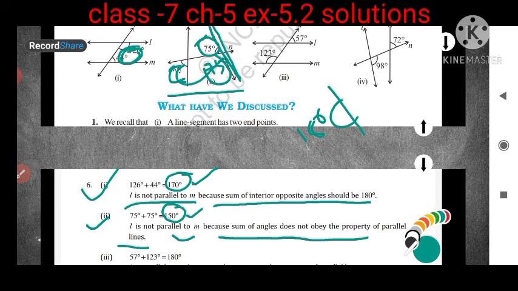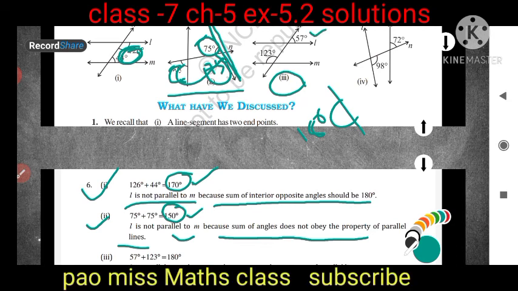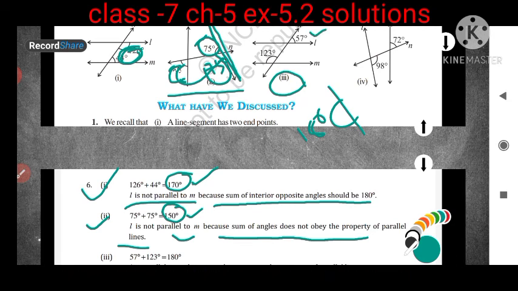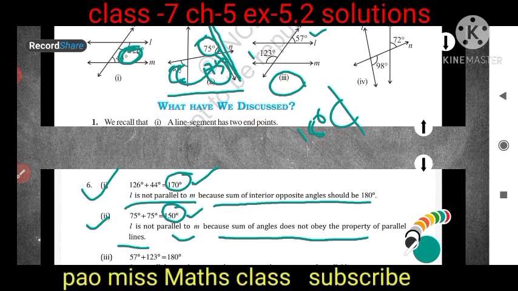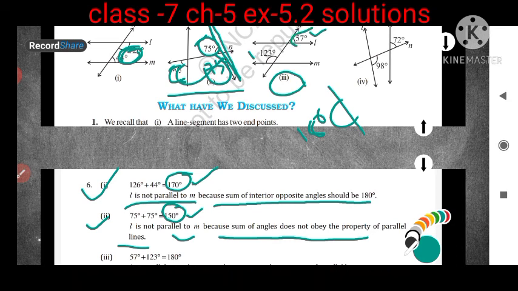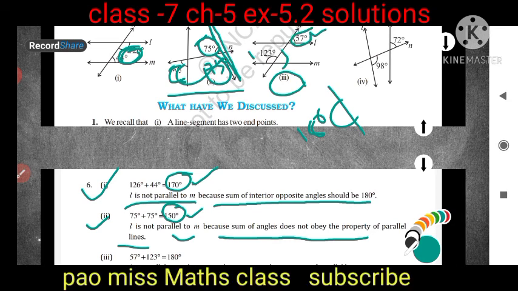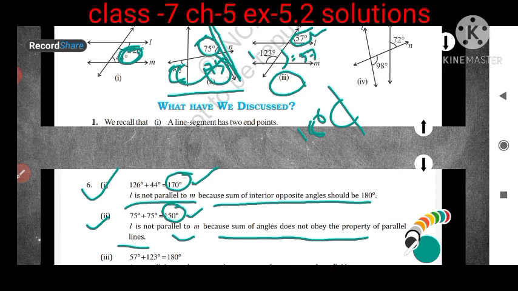Now the third one. This is 57 degrees and this is given as 123 degrees. What is the corresponding angle of 57 degrees? The corresponding angle will be this one, so this will also be 57 degrees. Now again, L is a straight line, isn't it?